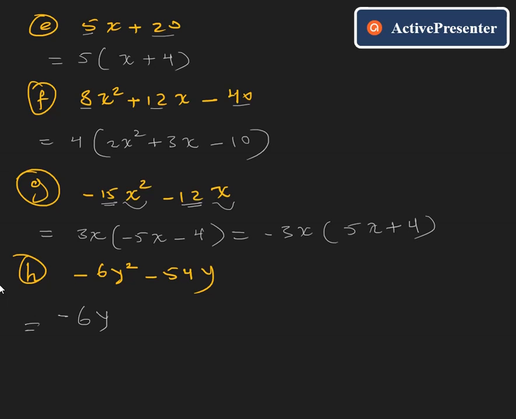Minus 6 is common to those both, because 6 divided by 6 is 1, and 54 divided by 6 is 9. So if you take minus 6y away, open parenthesis, this is equal to y plus 9. You are done for this question.